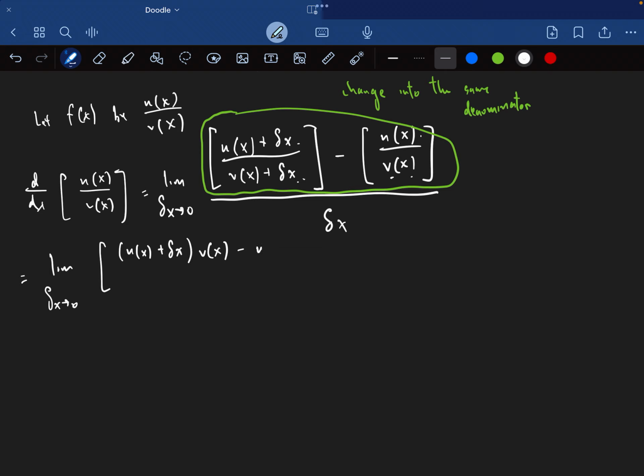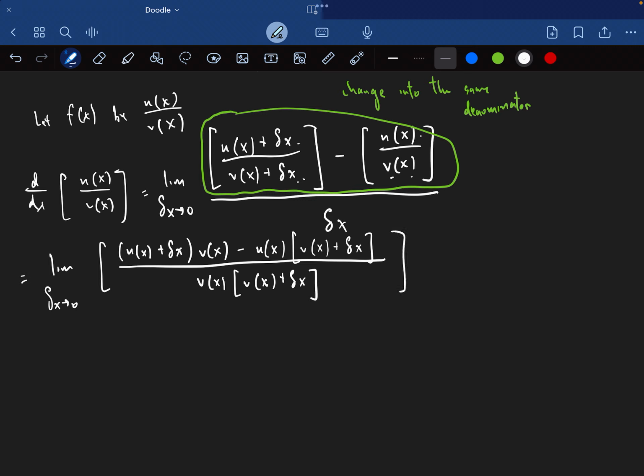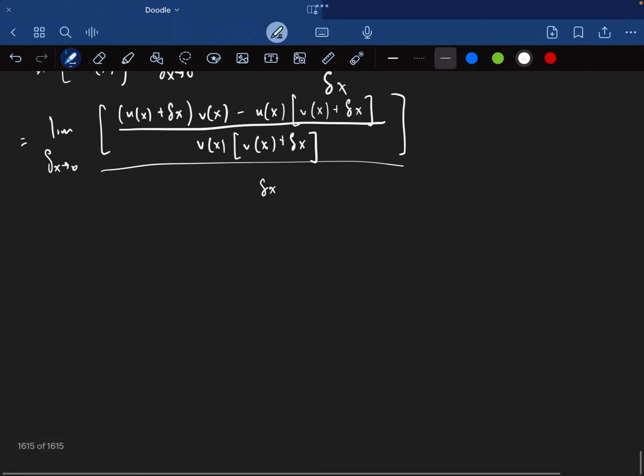Because you already express them in the same denominator, you can express them over a common denominator. And then don't forget the denominator for the entire thing.